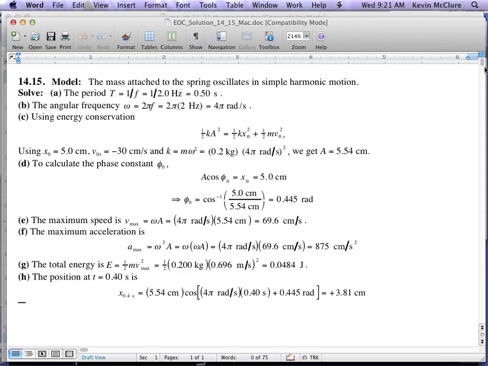How do you know that? Yeah, because if 5 was the max amplitude, what should be the velocity? 0. Does that make sense? Think of a pendulum. When you get to the maximum displacement away from the equilibrium, what's its velocity? 0, because it stops and goes back the other way.